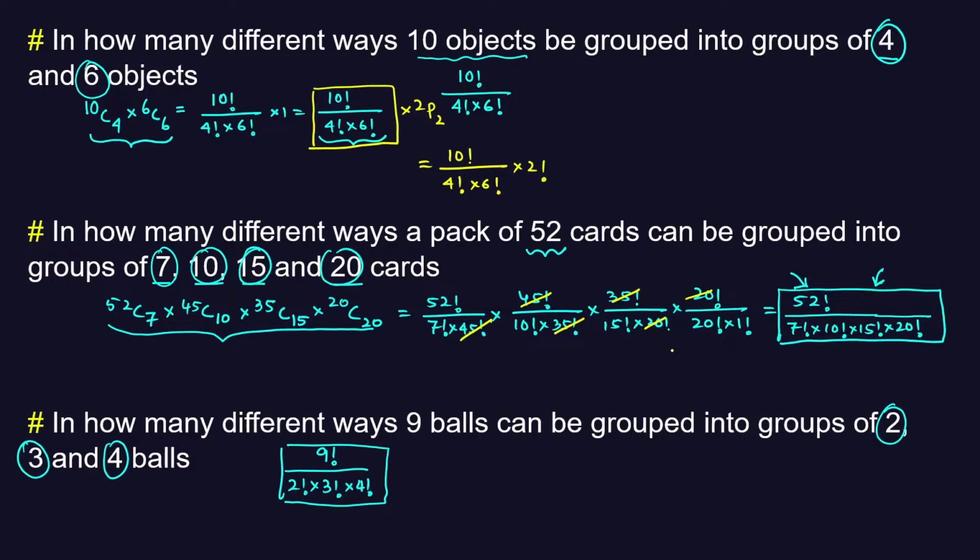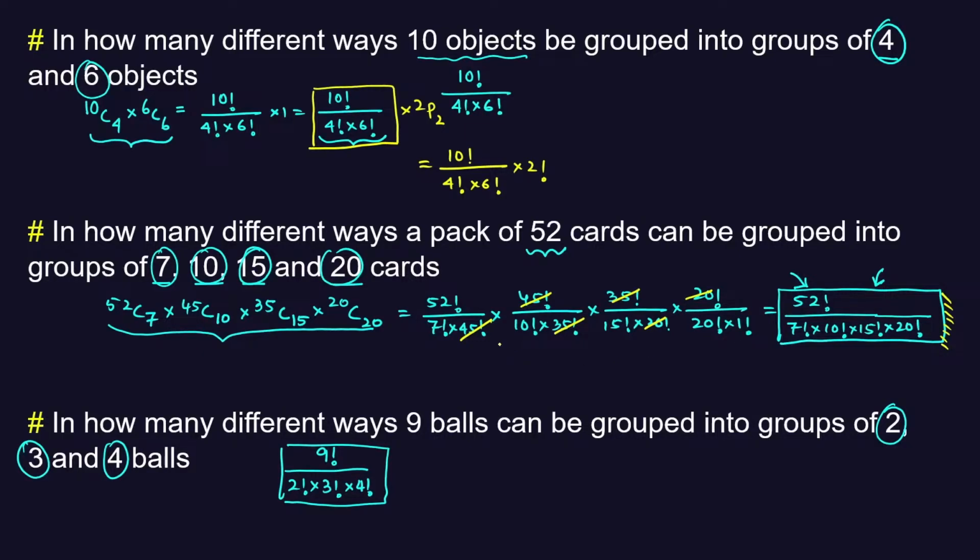Similarly, in this case also, the total number of ways in which 52 cards have been grouped into 4 groups consisting of 7, 10, 15 and 20 cards is this. Now, in how many different ways can these 4 groups be distributed among 4 people?